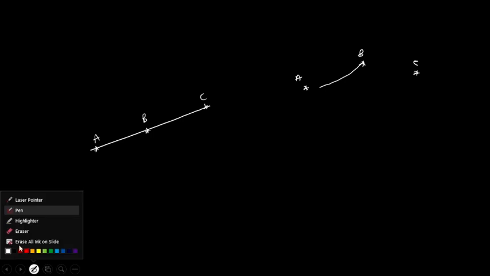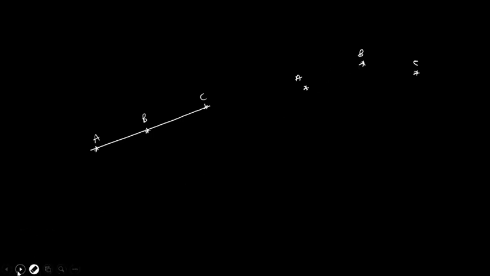So this is point A, this is point B and this is C. If this becomes the case, you can see that you can join the point A to B, B to C and then C to A to form some sort of triangle, whether isosceles, scalene or right angle triangle. You could form any type of triangle if one of the points is displaced. But if all of them are in a straight line, you cannot get a triangle.